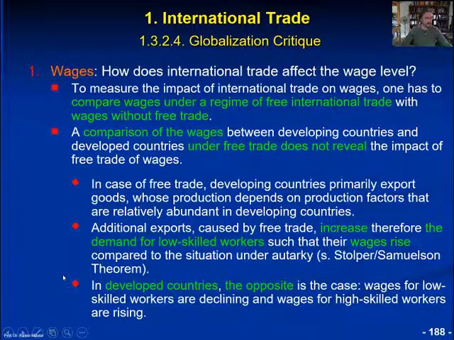In developed countries, the opposite is the case. Wages for low-skilled workers are declining and wages for high-skilled workers are rising. We have discussed this mechanism when we discussed the Stolper-Samuelson theorem.